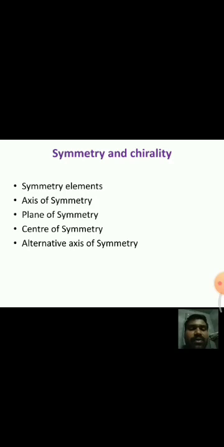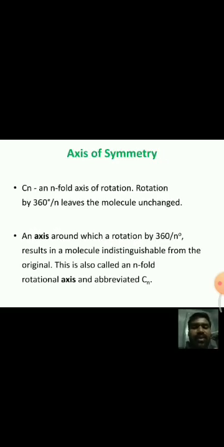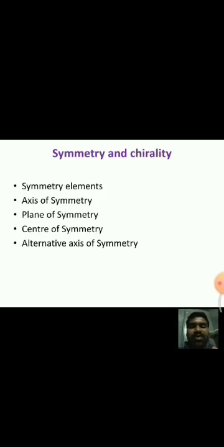Then, to define chiral molecules, the molecule should be unsymmetrical. And coming to see here, there are some symmetry elements in the molecules: axis of symmetry, plane of symmetry, center of symmetry, and alternating axis of symmetry. Let us see these one by one.